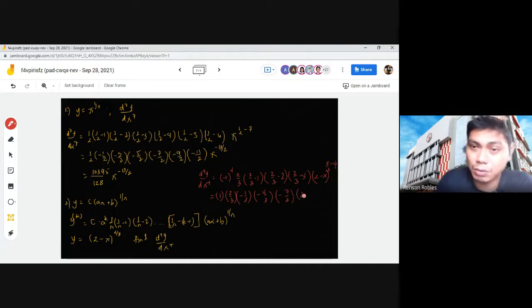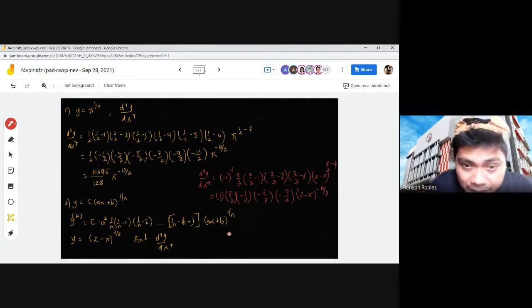Then copy (2 minus x) raised to 2/3 minus 4, which is -10/3. Then let's multiply.